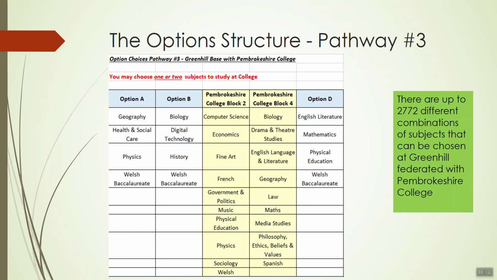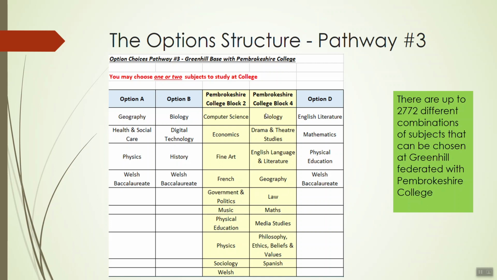And I will show you now how that would enable you to pick maths and English literature, because you would be able to pick English literature at Green Hill, because English literature isn't offered at the college, although a slightly different course called English Language and Literature is. So you would pick English Lit at Green Hill, and you would choose to do Maths at Pembrokeshire College.